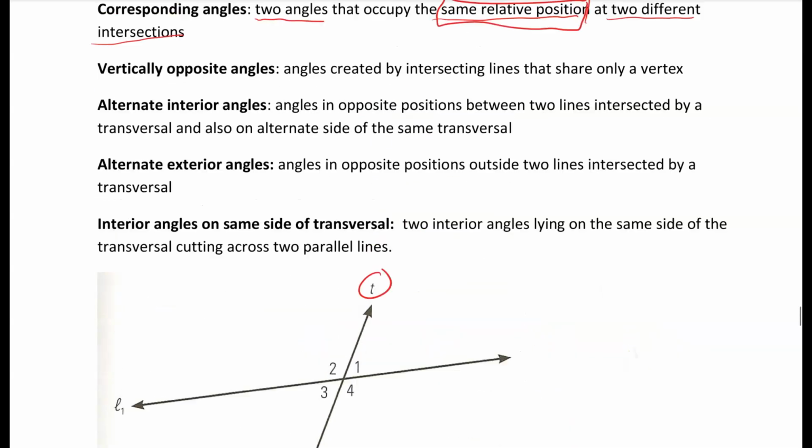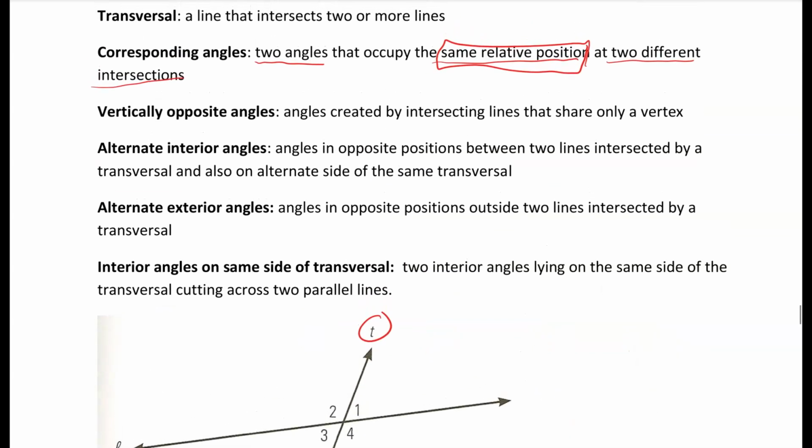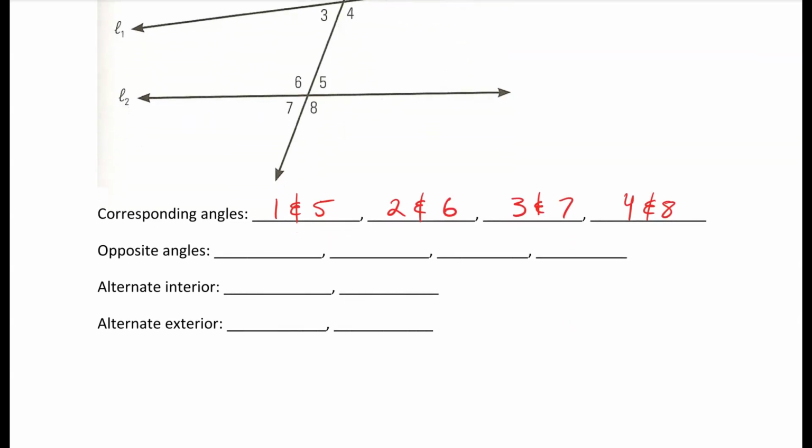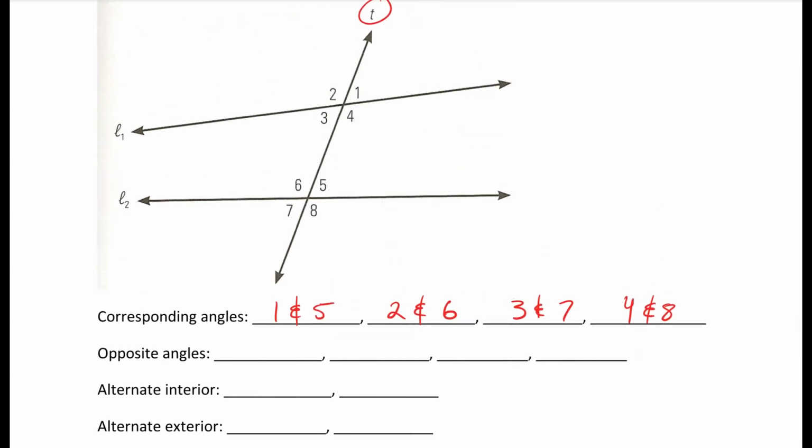The next part we want to look at is the vertically opposite angles. So these are angles created by intersecting lines that share only one vertex. So they share only one vertex and they're created by intersecting lines. So we're going to list them here beside opposite angles, and we're looking at, for example, angle 1 and angle 3.